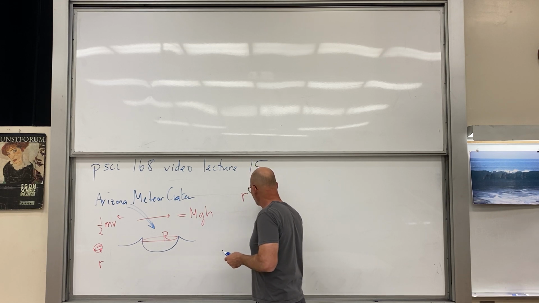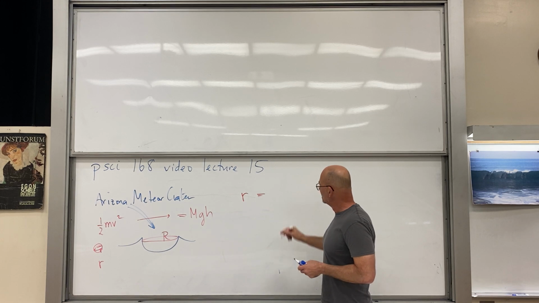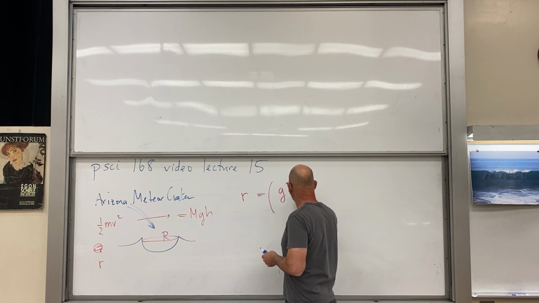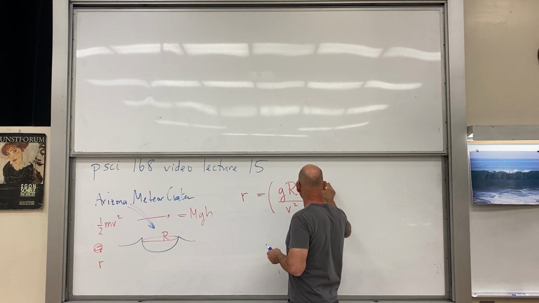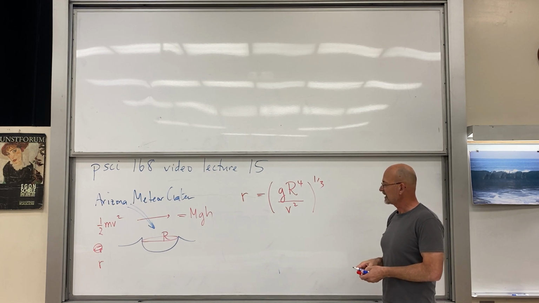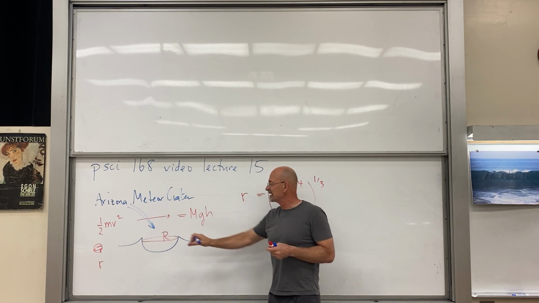r, the radius of the meteorite, or of the meteor, was equal to G R to the 4th over V squared, all to the 1/3 power. So there were simplifying assumptions there, because actually most of that energy is going to be converted to heat.